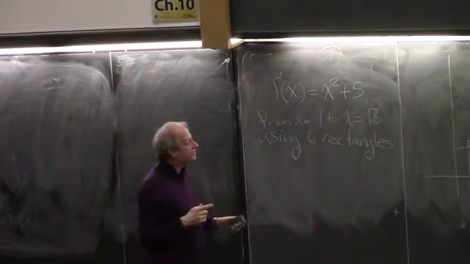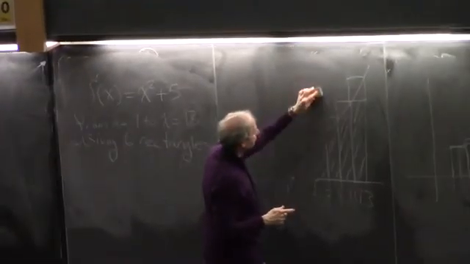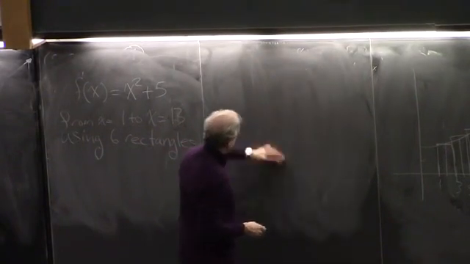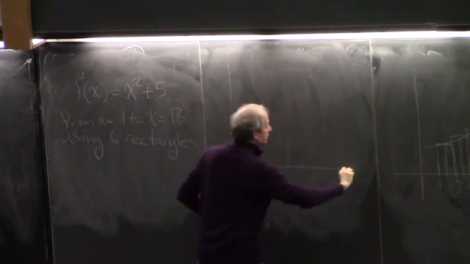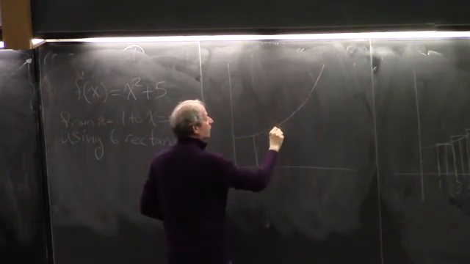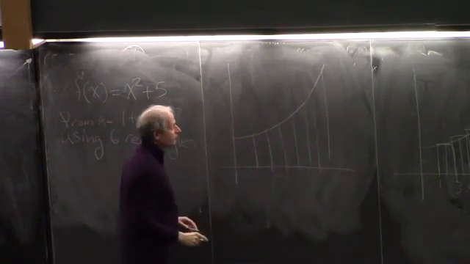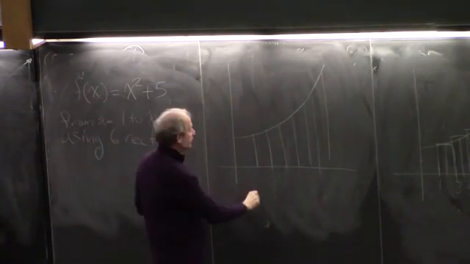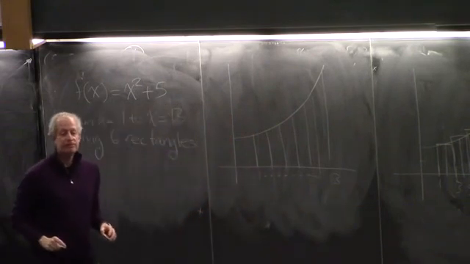Now suppose I didn't want to use a finite number. Suppose I wanted to do an infinite number, or a big number. So imagine that there's lots of rectangles. I'm going from 1, eventually I'm going to end up at 13, but it's going to take a while.